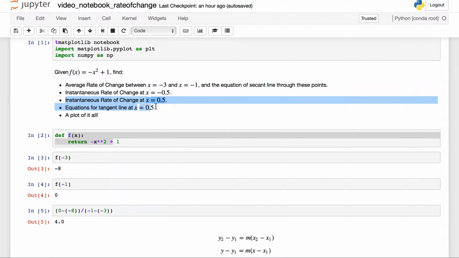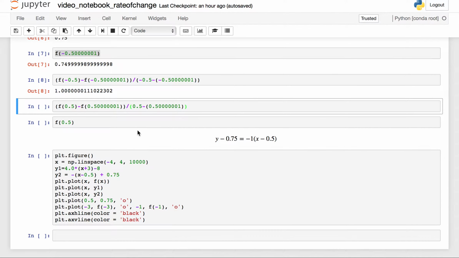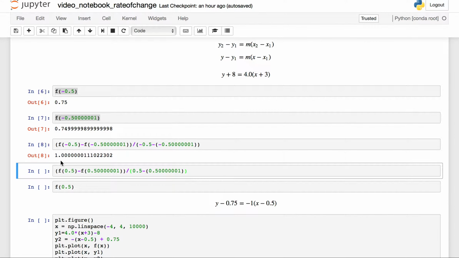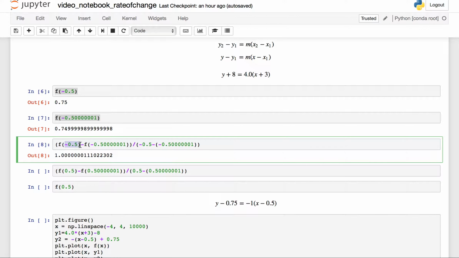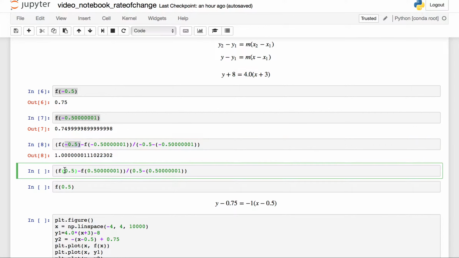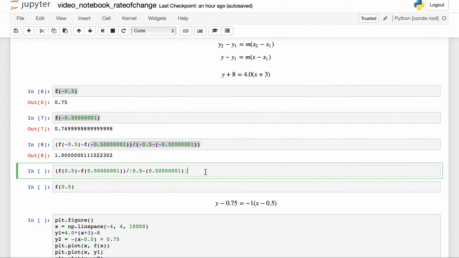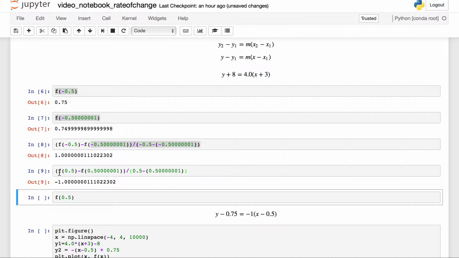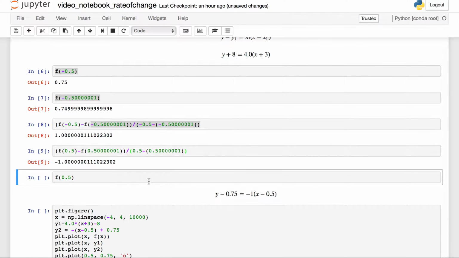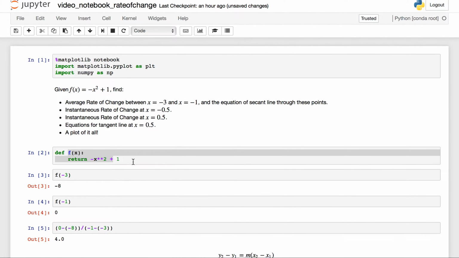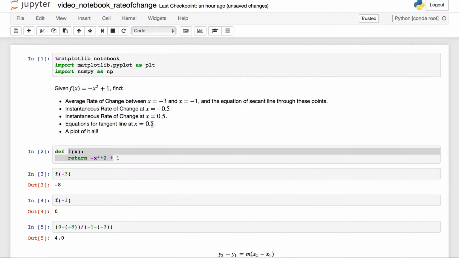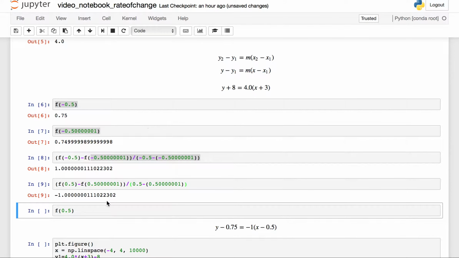For the instantaneous rate of change at x equals positive a half, I just follow a similar path. I'm just going to change the x coordinates to 0.5 and make this one positive as well. So basically just make everything positive, and I get negative 1 back for the slope of that line. Finally, I was asked to write an equation for the tangent line at x equals 0.5.